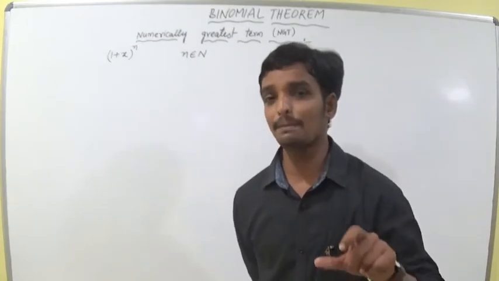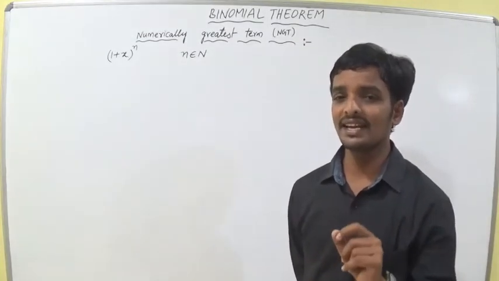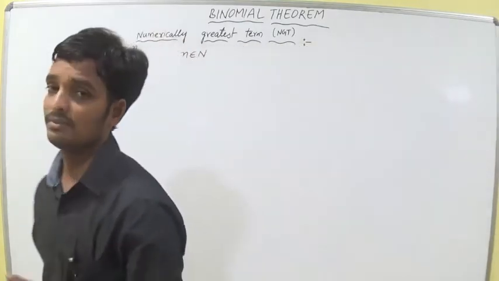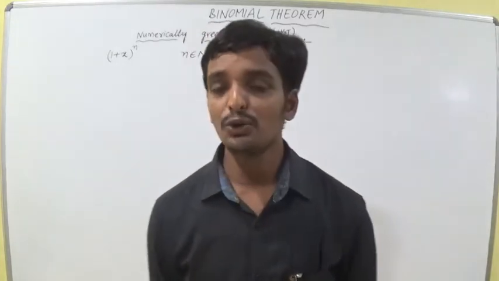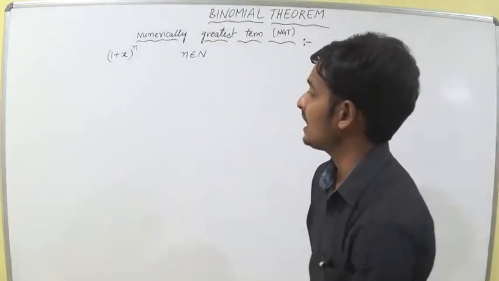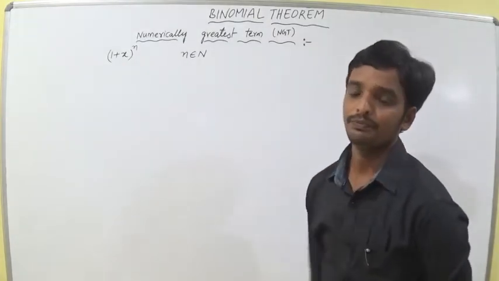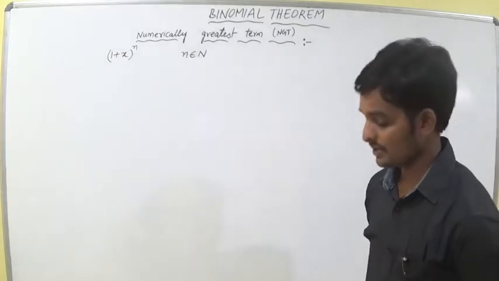In these n plus 1 terms, which is the numerically greatest term? Which is the greatest term in the expansion of (1 plus x) whole power n? So we have to discuss this.